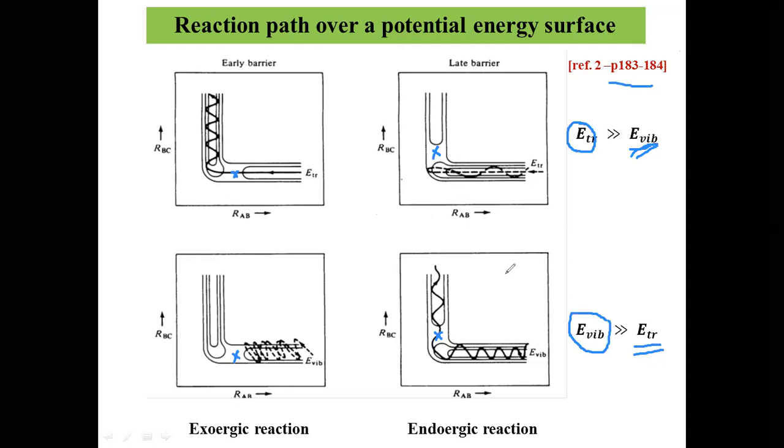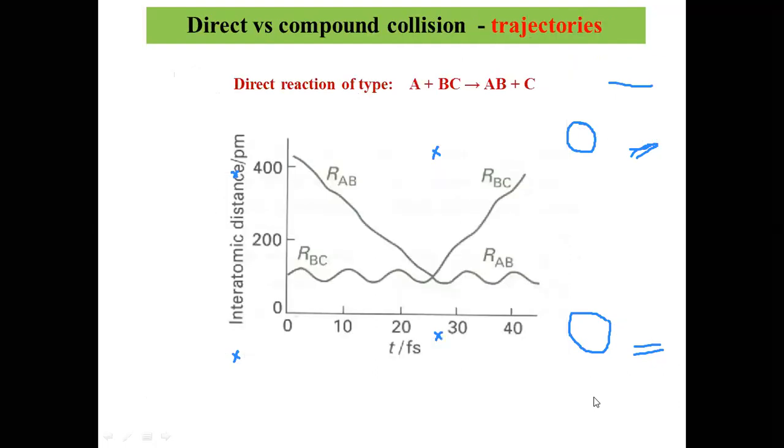Now, with a little bit more, I want to complete this for the trajectories. Here what we are saying is how do we differentiate a direct abstraction reaction and a compound reaction, or the stable intermediate complex reaction, in terms of the trajectory.